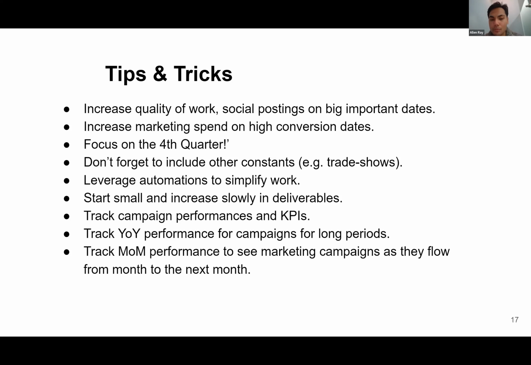When it comes to month-over-month performance comparison, like comparing this month versus the last month, generally I advise that you do this only when you are running a campaign, like paid ads, or a campaign that goes in a sequence from week to week or month to month. It's okay to compare month to month in this example because you want to see when your marketing campaign is fluctuating, when it's increasing or decreasing.